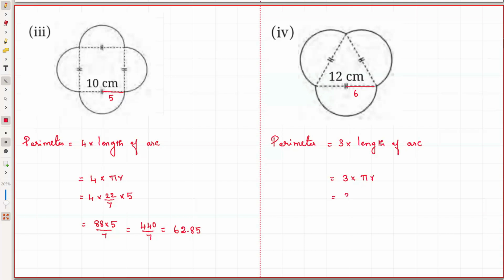So 3 into pi value 22 by 7 into radius 6. 66 into 6 divided by 7. 66 into 6 is 396, so divided by 7. 396 divided by 7, you'll be getting 56.57 centimeter.